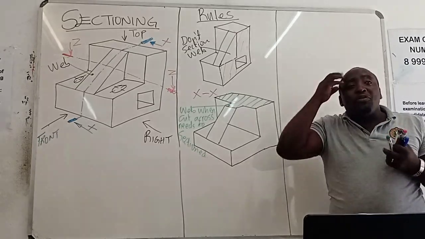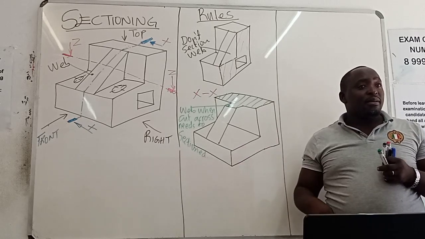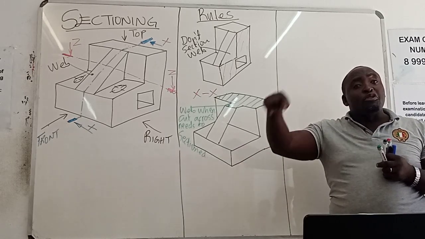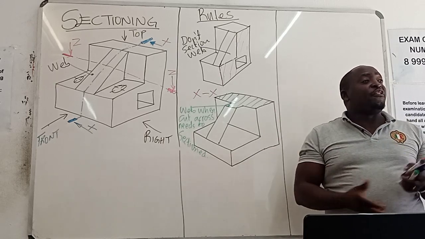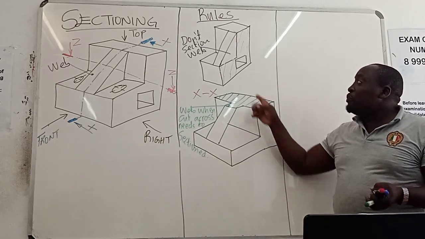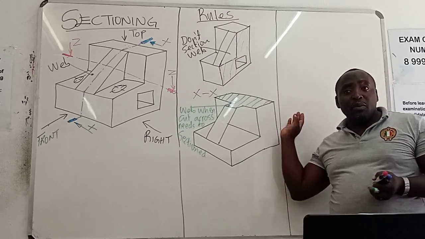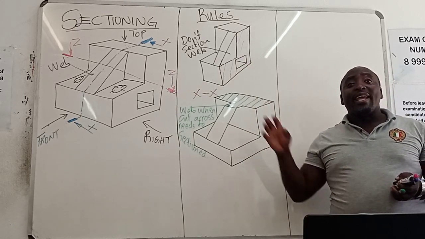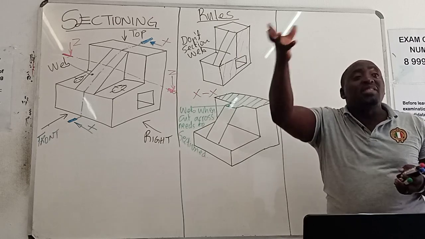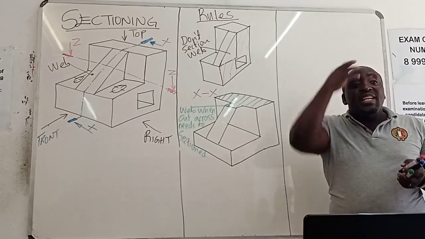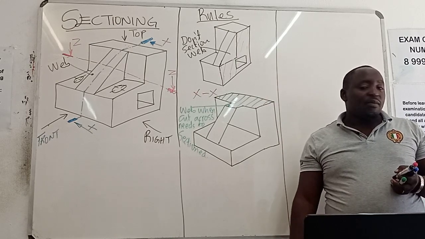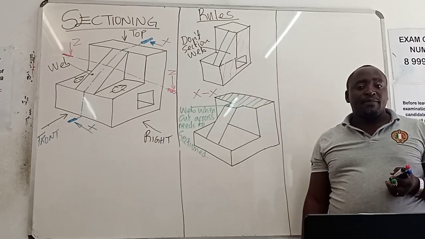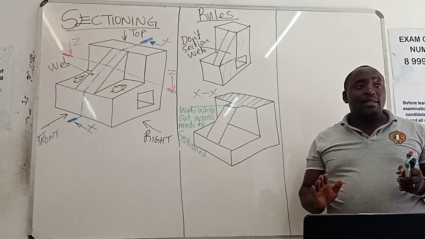If you want to communicate with the brain, you can put it on paper. But for the drawings you're going to produce for manufacturing, construction, and for your exams, it's not blocks like this. I will represent what needs to be done. Here I'm asking, what can you see? What is in your mind? What do you visualize? That is the visualization. Is that clear? Yes, sir.